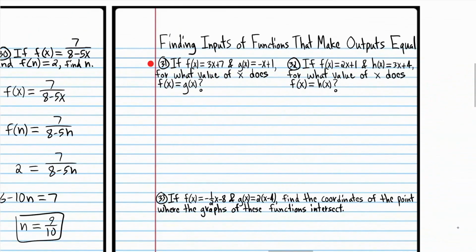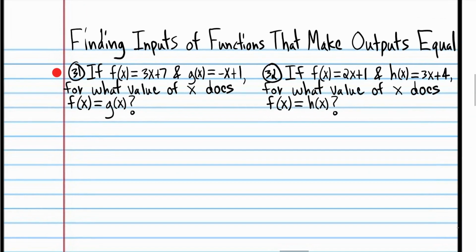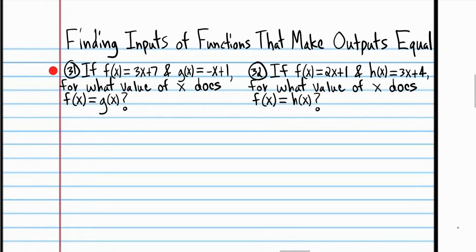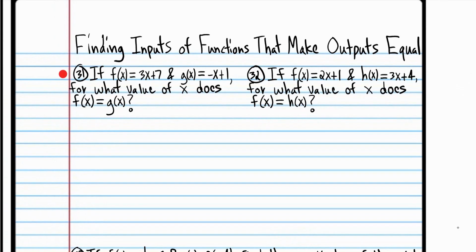Okay, so now we're moving on to something a little different. You may think we didn't really need to do that many problems that are the same type of problem. Well, again, understanding the function notation is something that just takes a lot of practice.